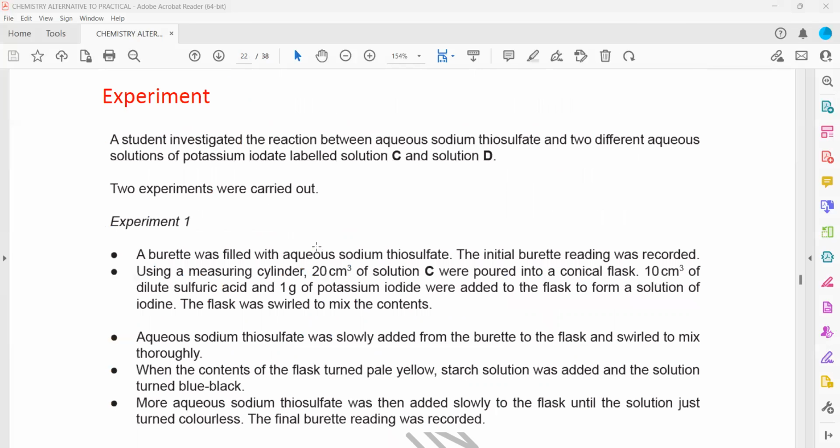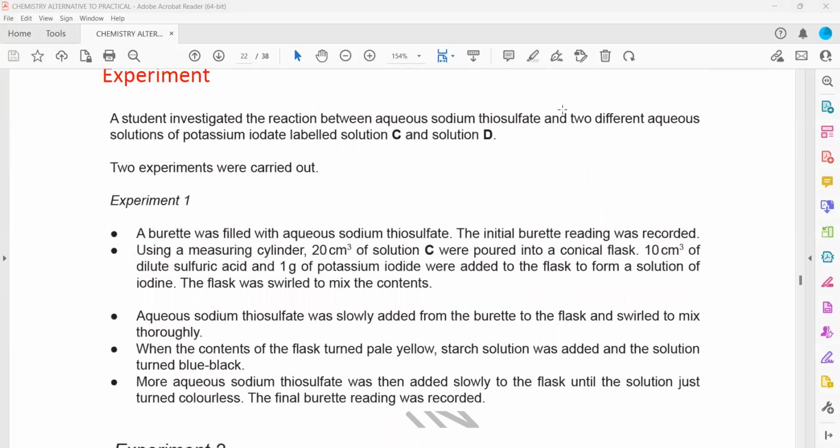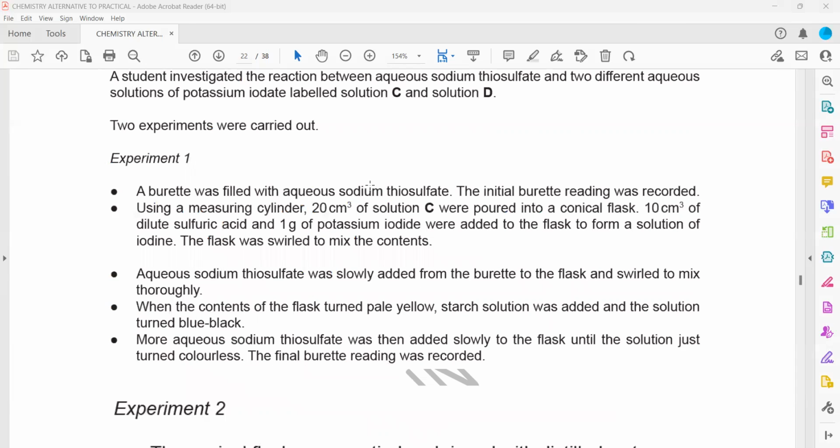Then a student is investigating a reaction of sodium thiosulfate with a solution of potassium iodide, and solutions C and D are there.